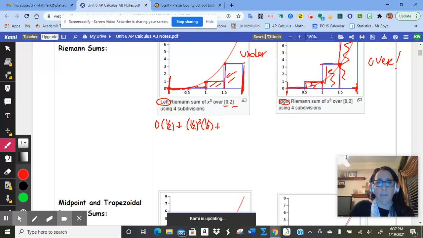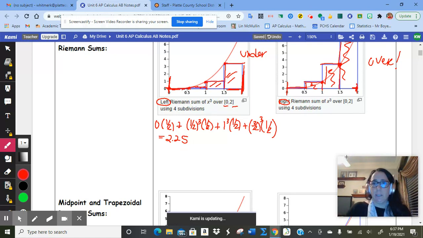Plus, this is a 1 cubed times the base of 1/2. Plus, this would be the 1.5 cubed, or 3/2 cubed, times the base of 1/2. And when I go to calculate that, I can see that that's 2.25.